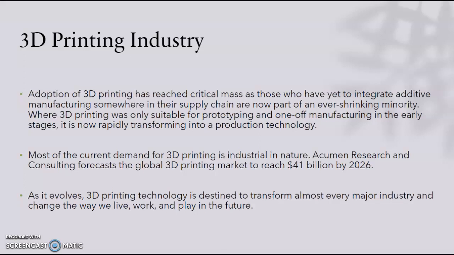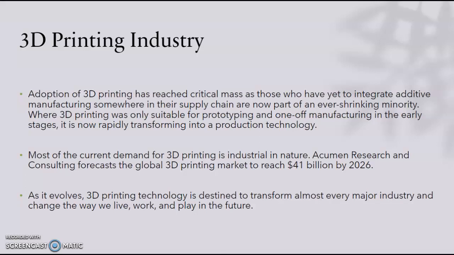3D printing was adopted a long time ago in order to produce prototypes of new products, but now it has reached critical mass as it's no longer just an additive process in the supply chain.